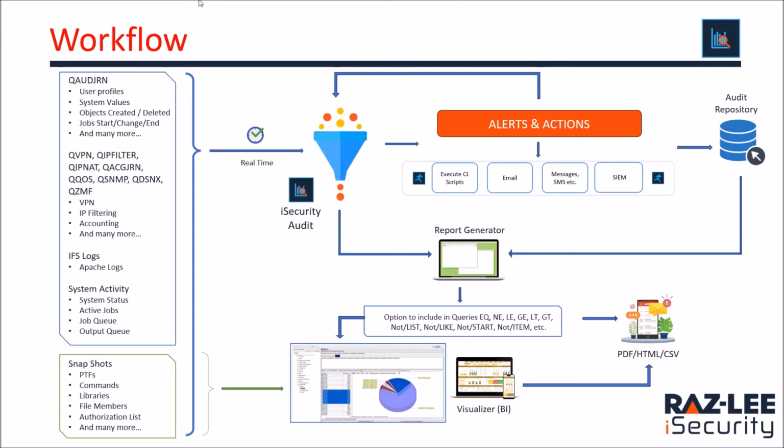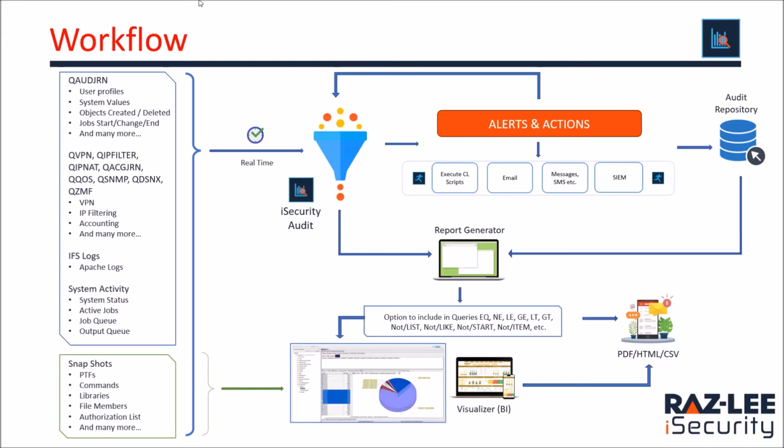When we have the real-time information and the stored information on the audit repository, we can make a report. The report is done in the report generation, as you can see in the middle of the screen. The report generation has the query wizard.